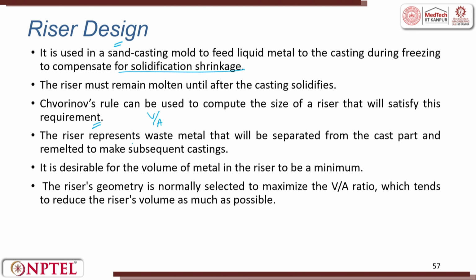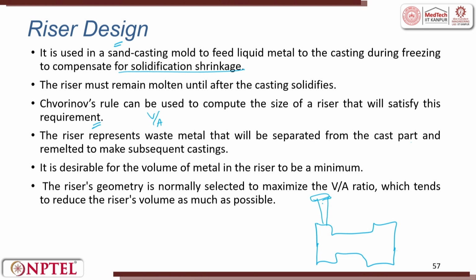The riser represents waste metal that will be separated from the casting part and remelted to make subsequent castings. What we are trying to say is, suppose you have a part like this and then you have a riser which is attached. The metal flows through the riser also, right.